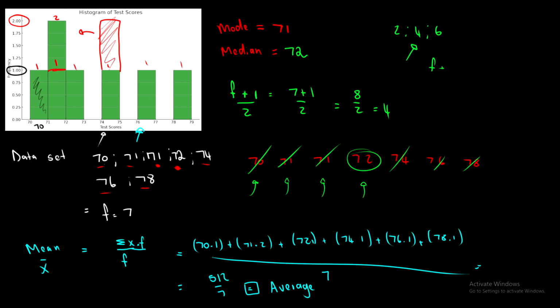So the frequency plus 1 divided by 2: the frequency is 3, plus 1 gives me 4, divided by 2, which is 2. So the first, second term. This does not work with even numbers, however. With even numbers, you can just say the frequency divided by 2, and you'll find some value between two different values.